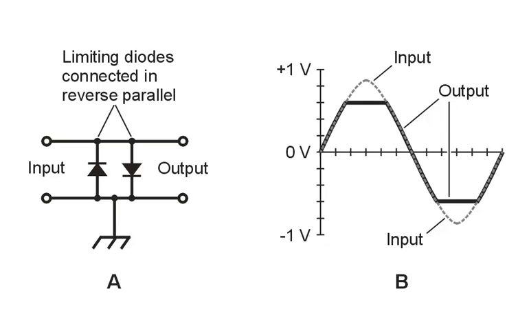Here's the basic scheme. Reverse parallel means the diodes are connected across each other with their polarities going in opposite directions. So these diodes tend to limit both the positive peak and the negative peak of the waveform to a certain specific amplitude.